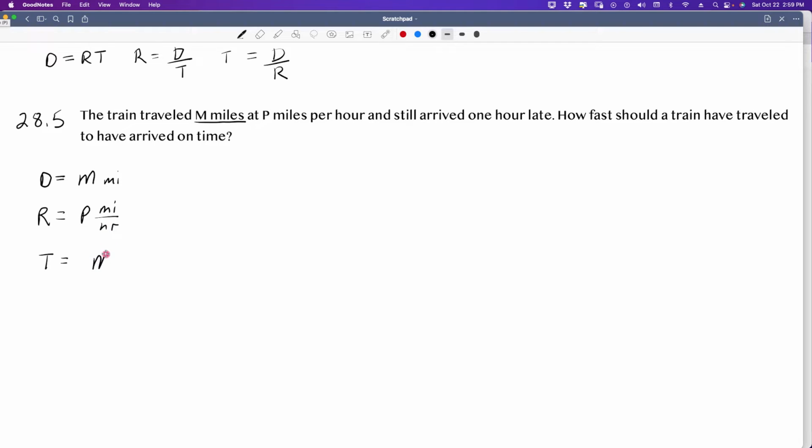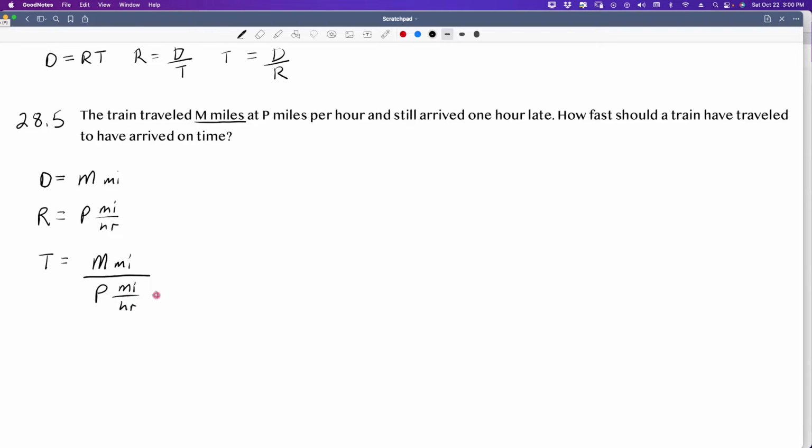So I'm going to say m miles divided by p miles per hour. And in order to simplify that, we're going to multiply the top and the bottom by the miles per hour here in order to solve.